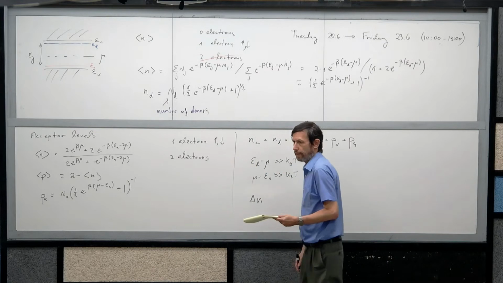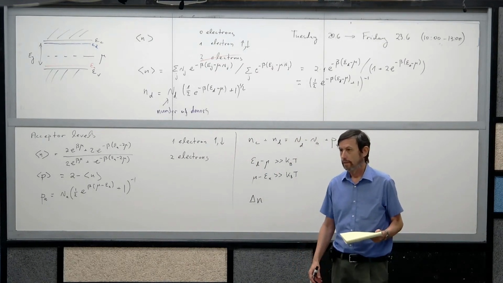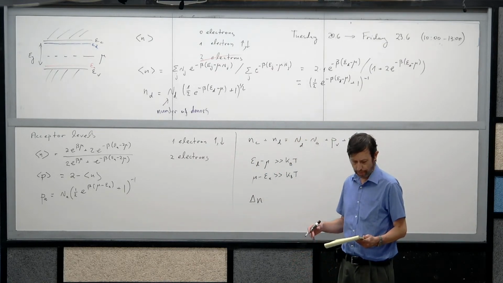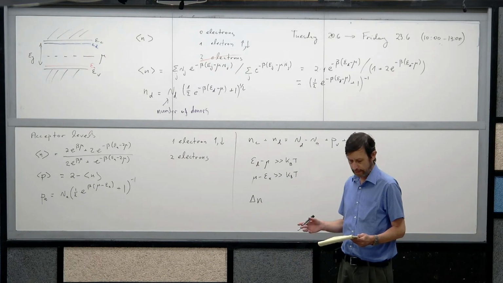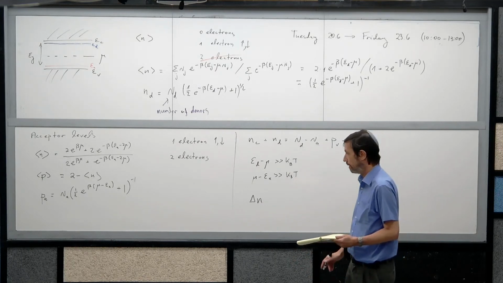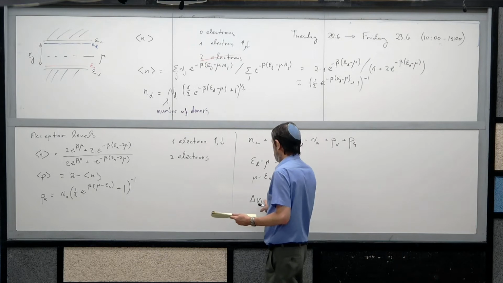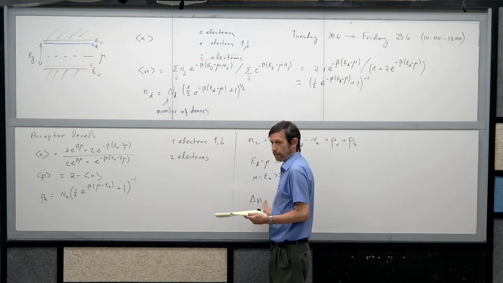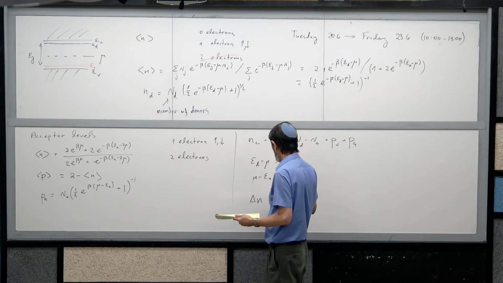At the end of the day, the change between the number of holes and the number of electrons comes out of this.